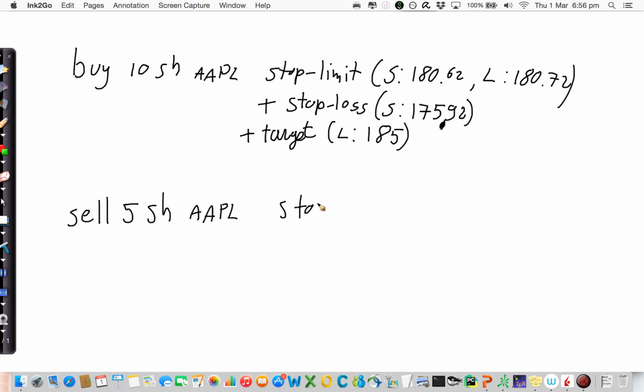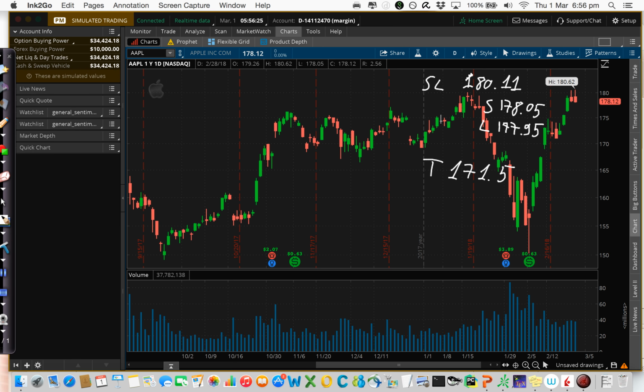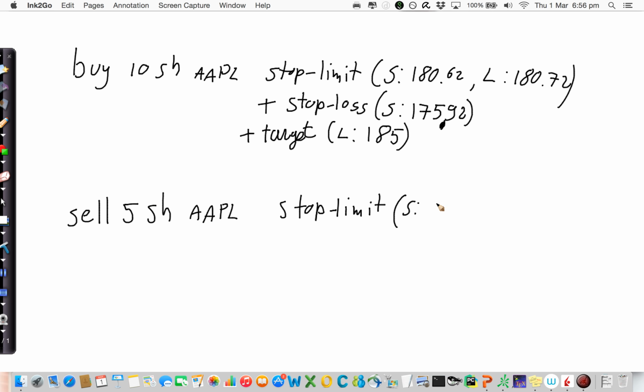Now the stop limit will be stop, let's see, 178.05 and limit 177.95. Then we have stop loss, that is a stop order.